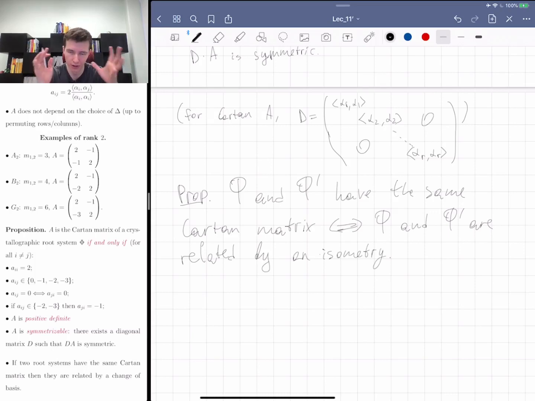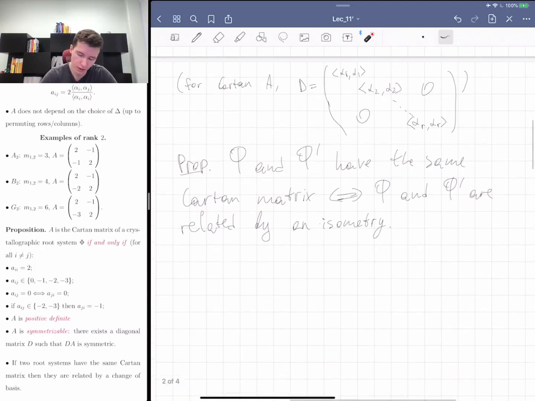So literally, as collections of vectors in Euclidean space, you can rotate or reflect one into the other. In other words, classifying crystallographic root systems is the same task as classifying Cartan matrices.